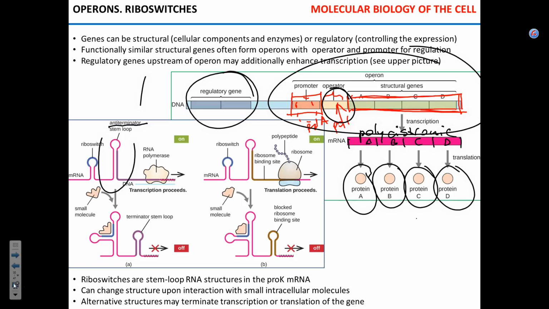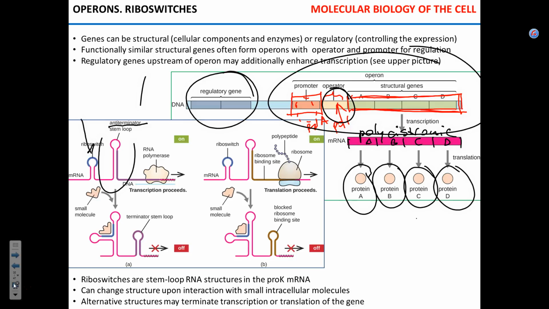Upstream of the anti-terminator loop is the RNA structure that is called riboswitch. If a small molecule regulator, usually a small organic molecule, it can be a molecule responsible for quorum sensing, a molecule that is produced by other microbes when they grow to a certain concentration. We talked about it a little.